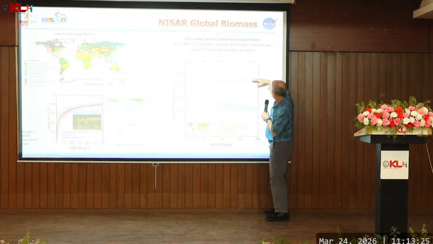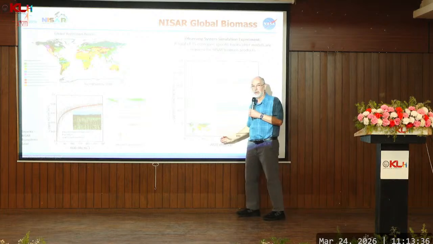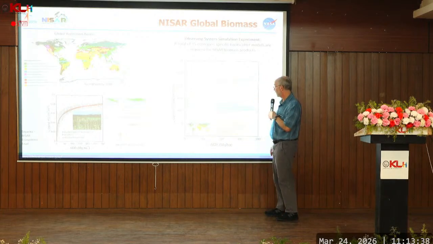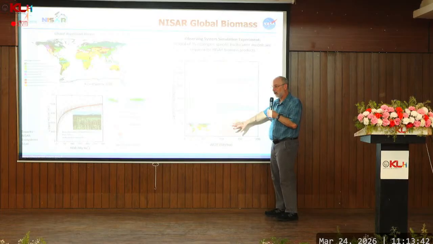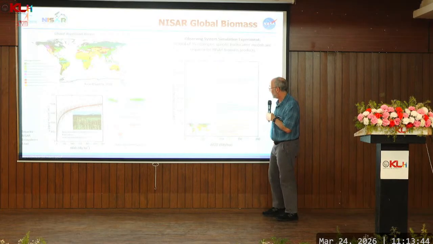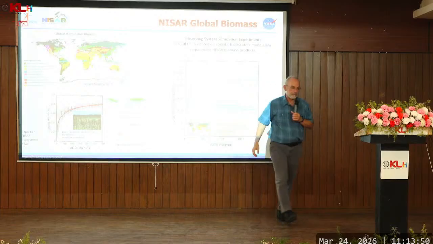Some of these seem to have good sensitivity even at the higher biomass. Some of them saturate quite heavily, and you might not be able to get a good estimate beyond 100 megagrams per hectare. But we know where these temperate and non-temperate ecoregions are, so we can apply the right set of algorithms in order to try to estimate this.